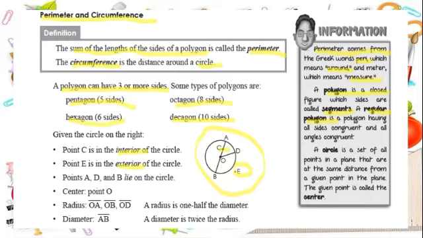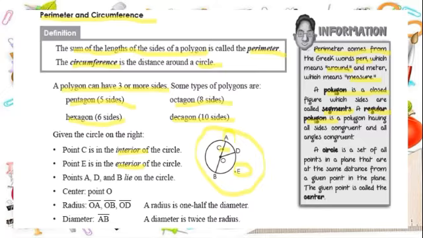Okay, next. Points A, D, and B lie on the circle. Teacher, I don't see any points. Yes, class, you don't see the points, but there are points there, because a circle is a combination of points, just as a line is a combination of points.